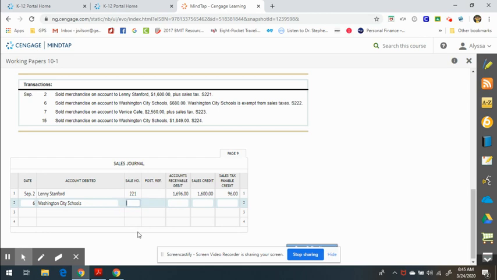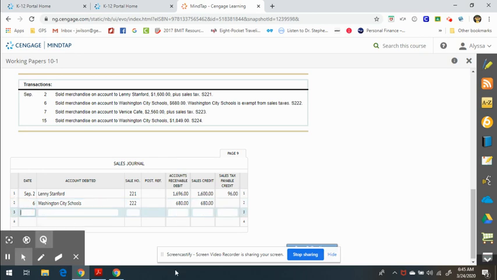And the sales invoice number is 222. And since there's no sales tax, our accounts receivable is $680. And our sales credit is $680. And I know you can't get enough of me saying debits always have to equal credits.